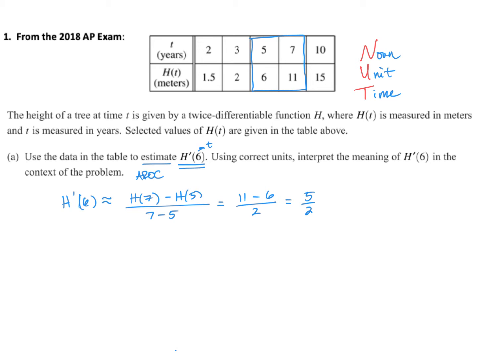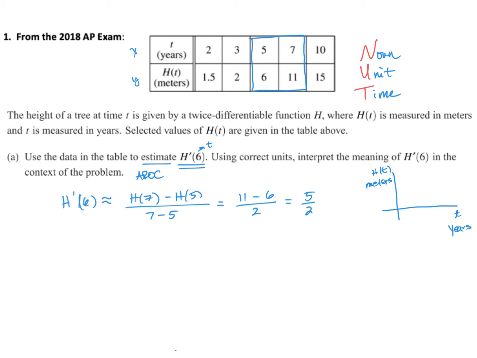So to be sure we figure out our units, let's look at what we're graphing. This is time, and this is height at time. So time is in years, and height is in meters. This is the t, which is like the x, and this is the h of t, which is like the y.